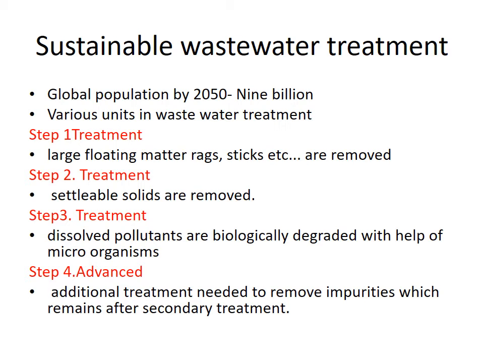Step 3, dissolved pollutants are biologically degraded with the help of microorganisms. Then step 4, the advanced treatment step: additional treatment is needed to remove impurities which remain after secondary treatment.